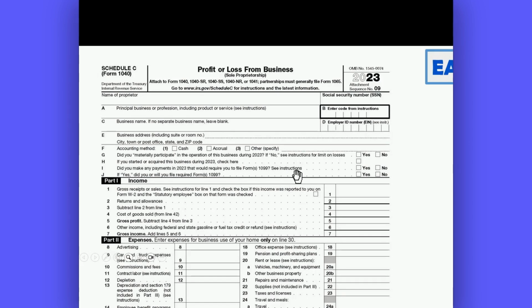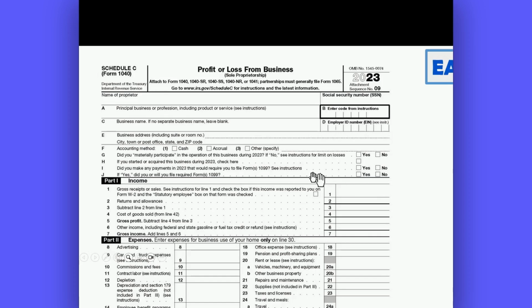So remember, we talked about how you have to file 1099s if you, for instance, hire an individual to do work for you, but they're not an employee, and you pay them more than $600 a year. So if you're required to file any Form 1099s, you would check the box yes. If not, then obviously no. And then if you do check yes to that box, you have to say whether or not you filed those 1099s.